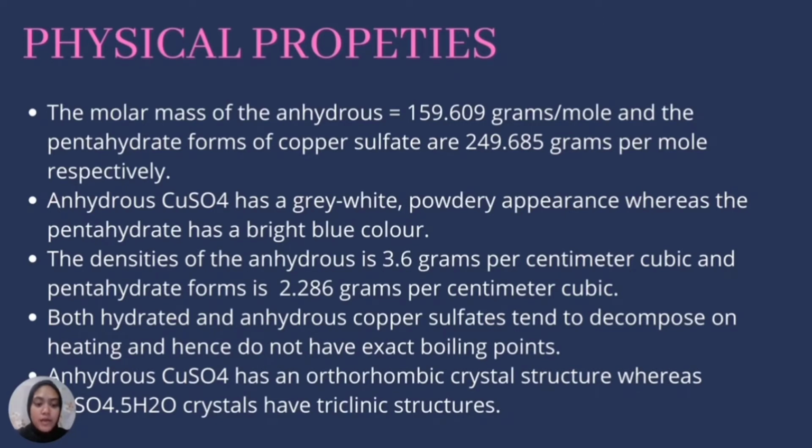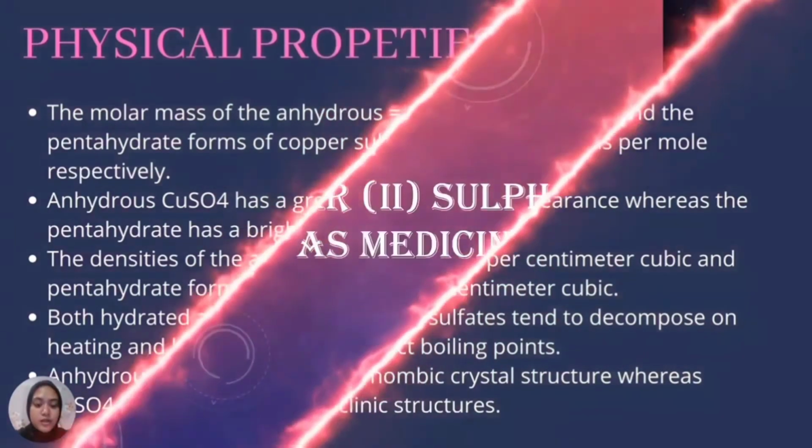The density of the anhydrous form is 3.6 grams per cubic centimeter, and the pentahydrate form is 2.286 grams per cubic centimeter. Both hydrated and anhydrous copper sulfate tend to decompose on heating and hence do not have an exact boiling point. Anhydrous CuSO4 has an orthorhombic crystal structure, whereas the pentahydrate copper(II) sulfate crystal has a triclinic structure.